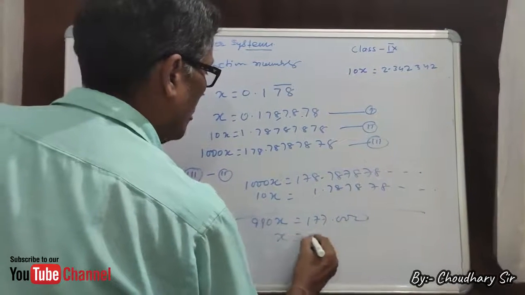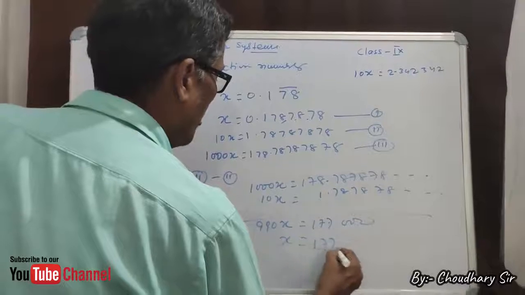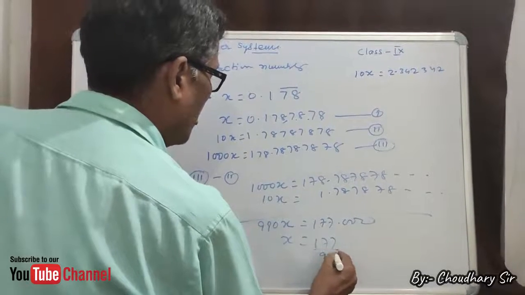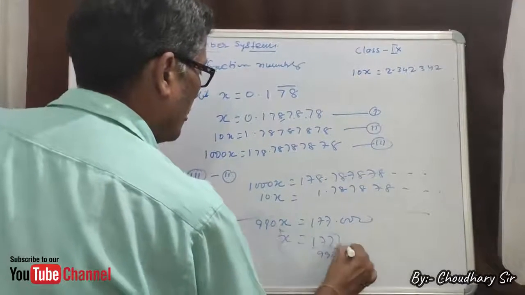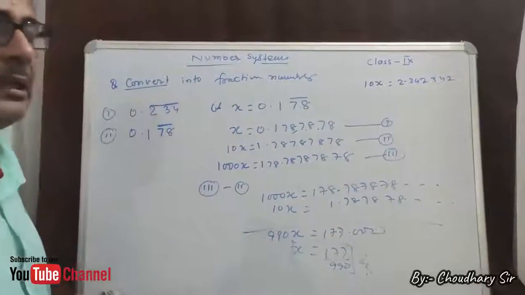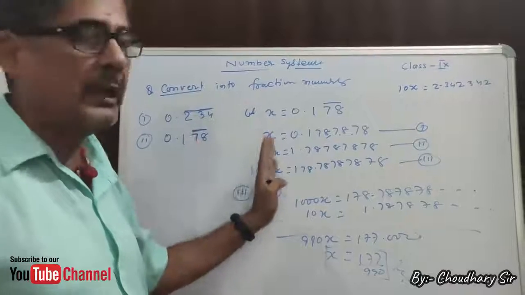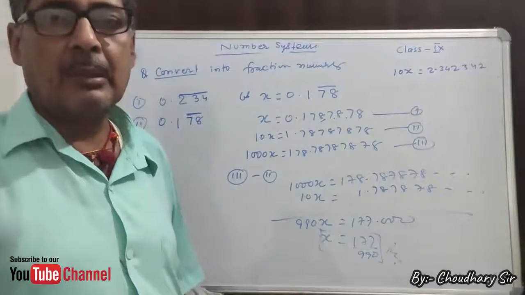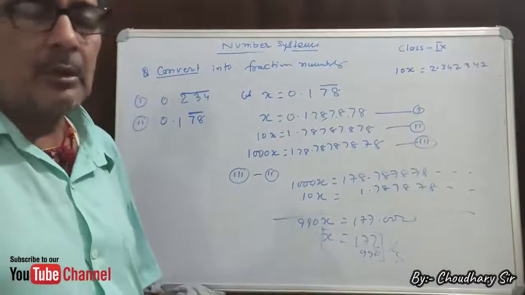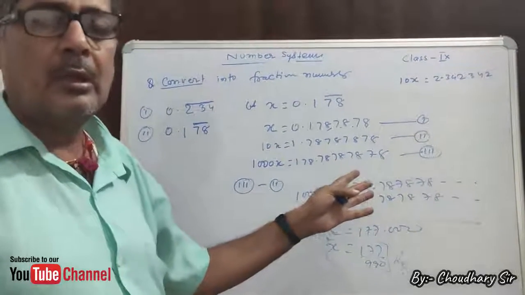So x is equal to 177 by 990. Answer. So in this way we can convert any recurring number into a fractional number. Is it clear? Now do the homework, do the exercise.